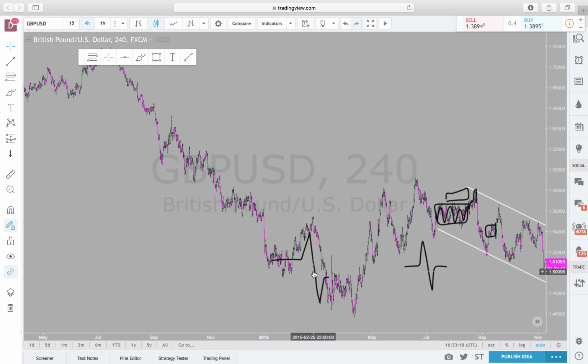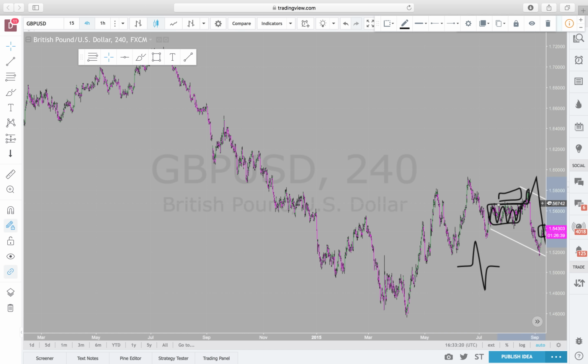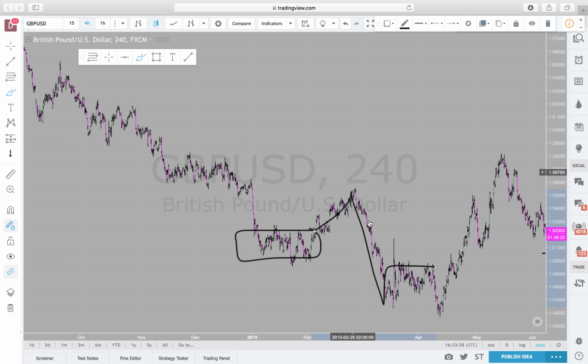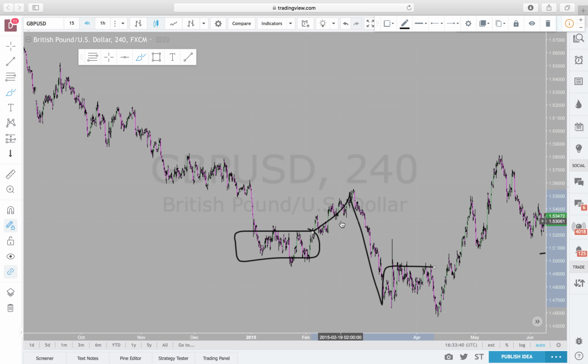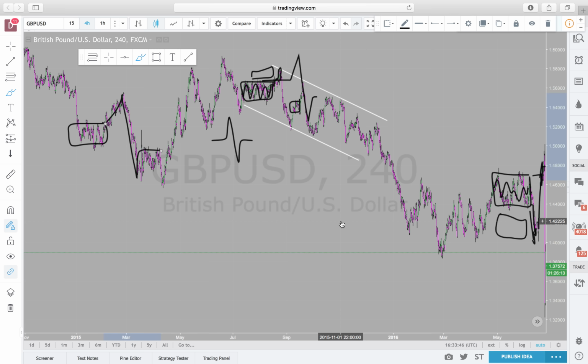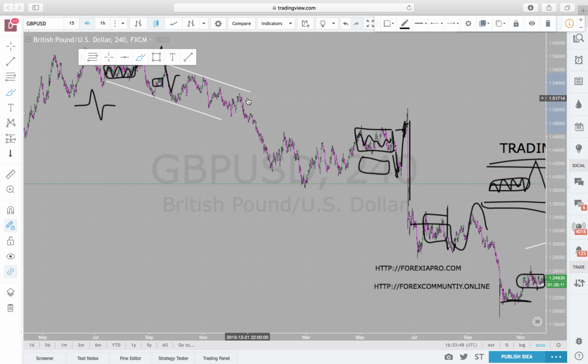Market came down and started consolidating in this one area, gathering orders, hit the stops high, come down, hit the stops low, consolidate once again. The same variation, a different variation of the same structure over and over and over.